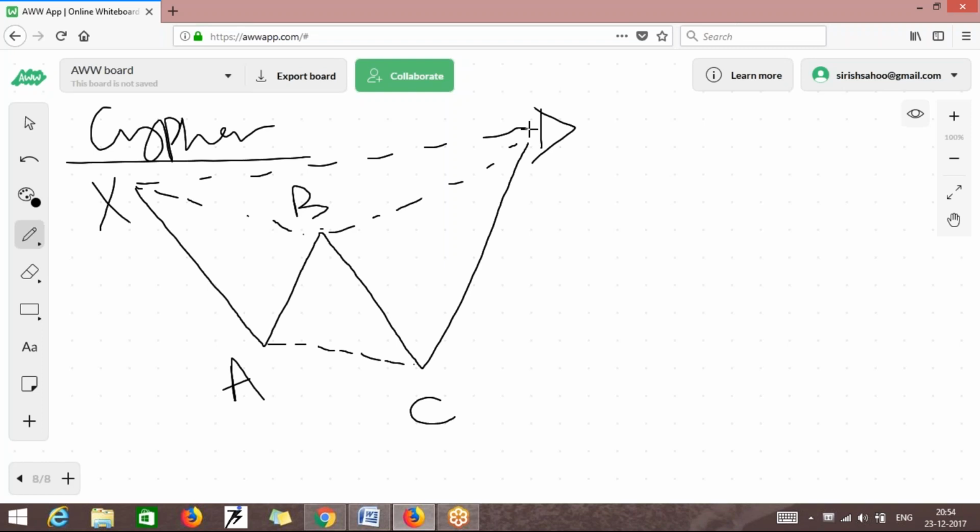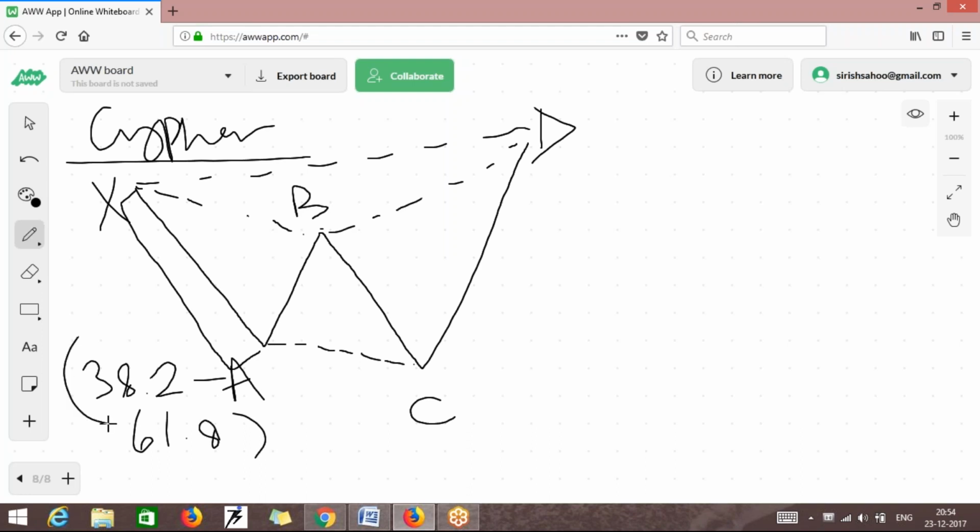So this is the first formation. AB should retrace to a level of 38.2 to 61.8.